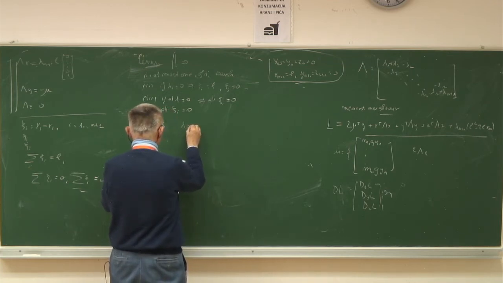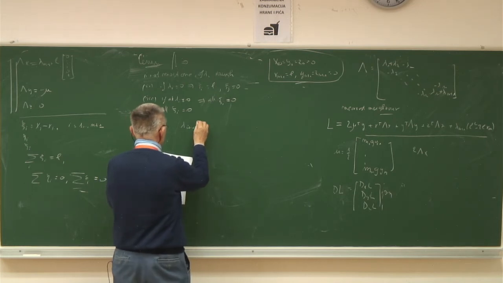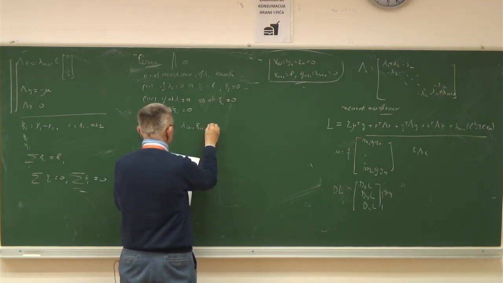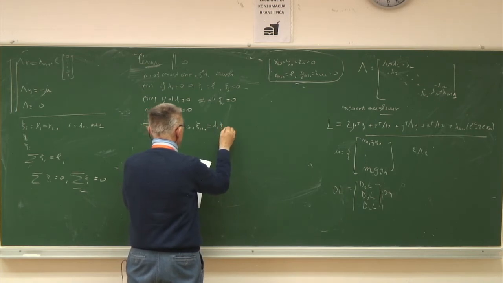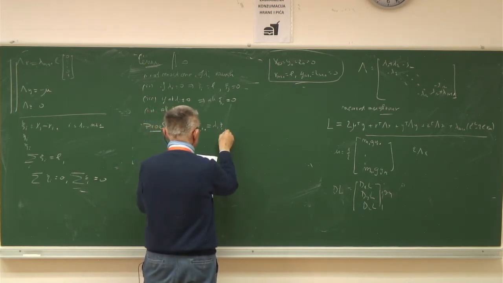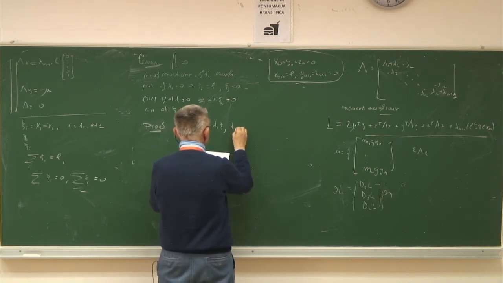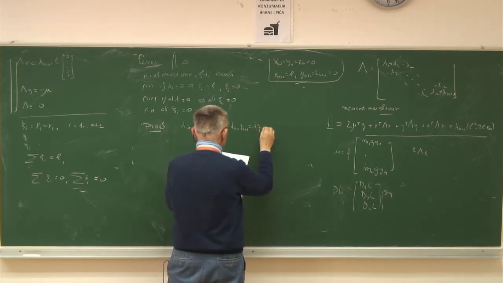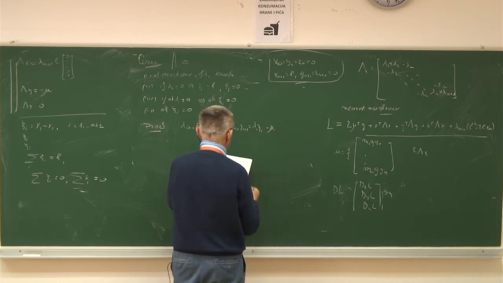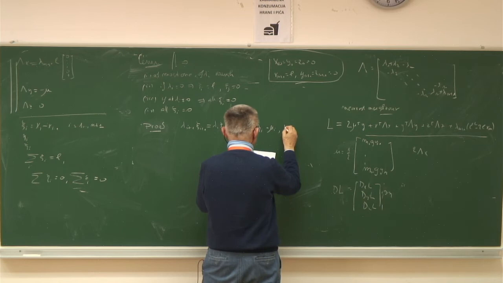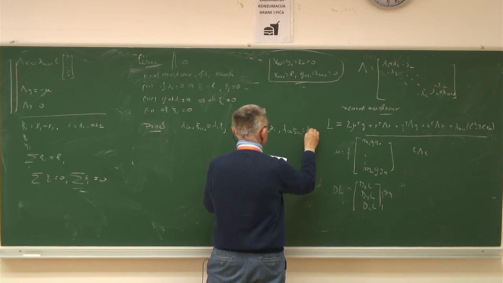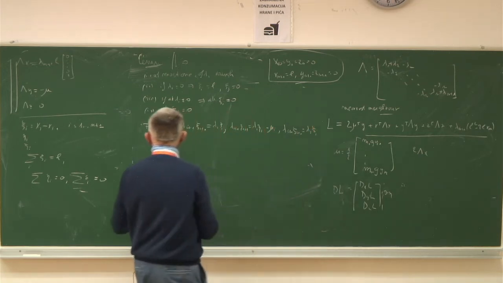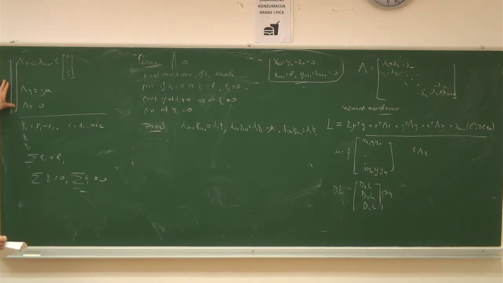Lambda_{i+1} xi_{i+1} equals lambda_i xi_i. Then lambda_{i+1} eta_{i+1} equals lambda_i eta_i plus mu_i. And lambda_{i+1} zeta_{i+1} equals lambda_i zeta_i. That's these equations.